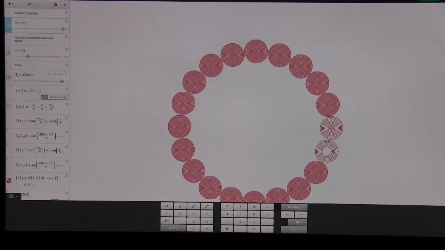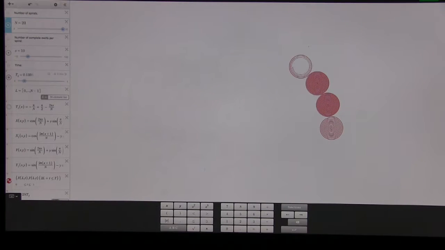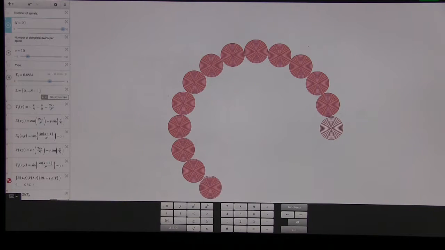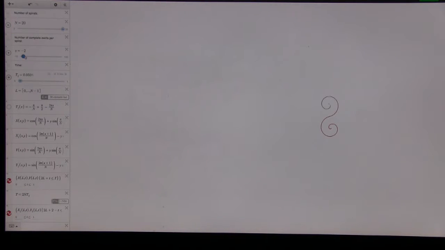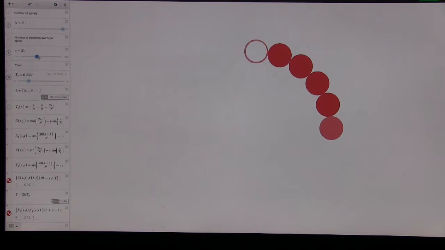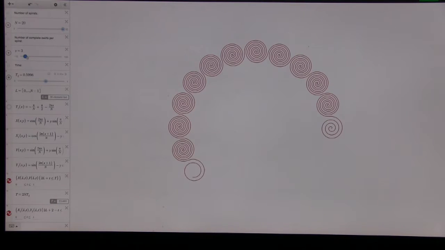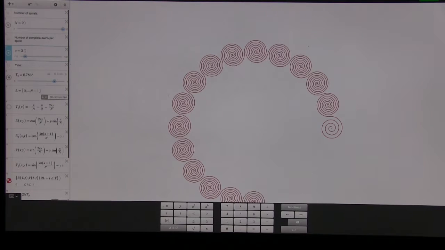Whoa. It's a pretty neat program. So it goes in and out. And now I sort of... Well, that's alright, but we go back down to like 0 or something, or even 3 is fine.